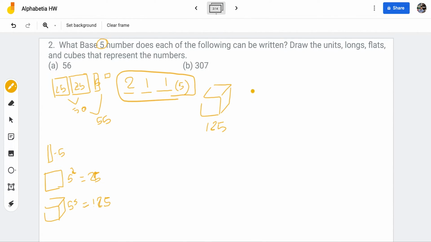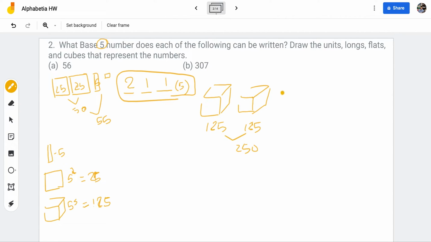If you have another cube, that makes 250. Right? 250. Can we have another 125? If you add another 125, it's gonna be 375, which is too much for 307.